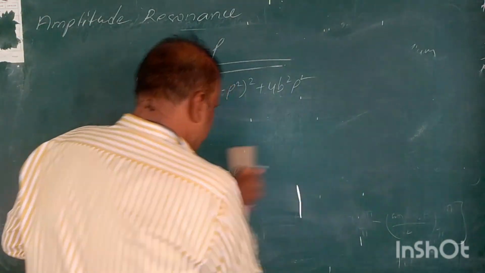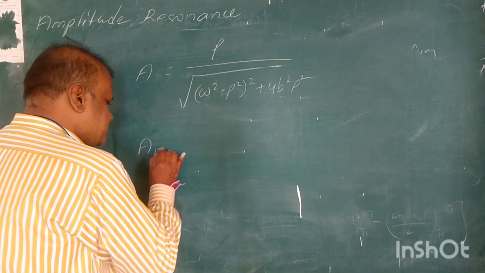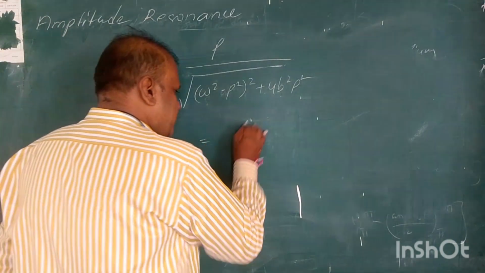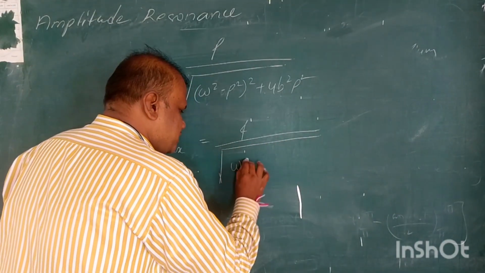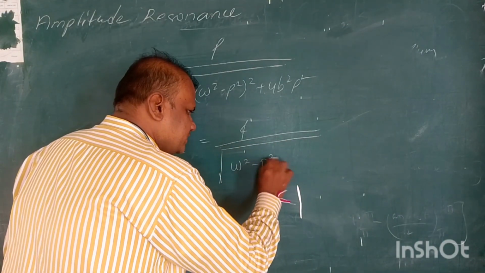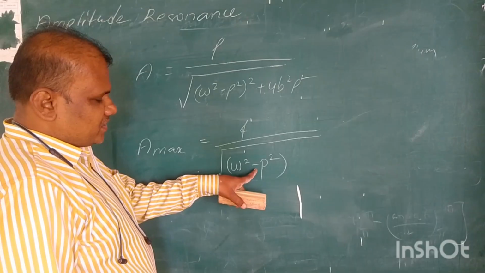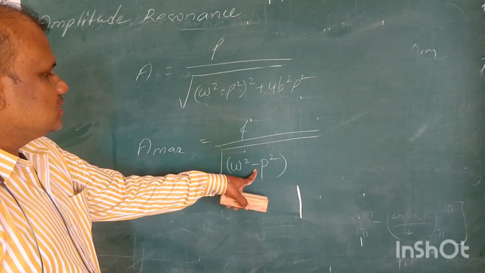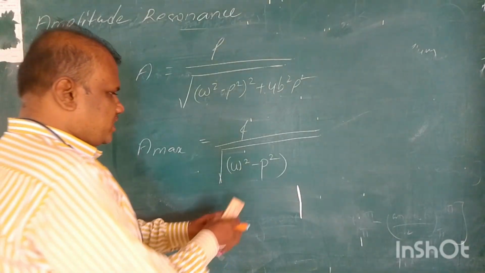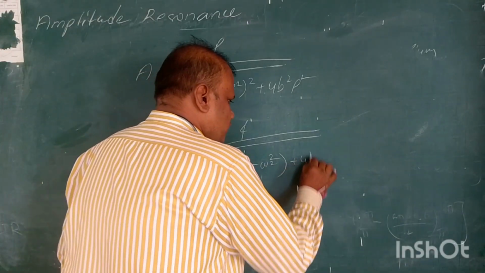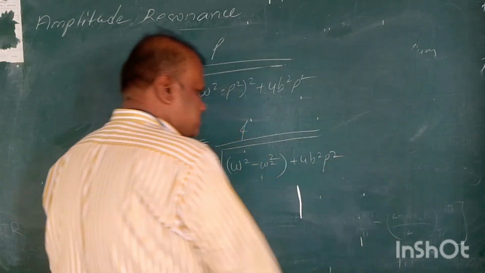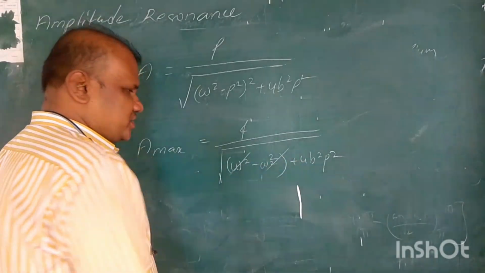So here the natural frequency of the oscillator and the external force frequency both become equal, plus 4b square p square. So this term gets cancelled.